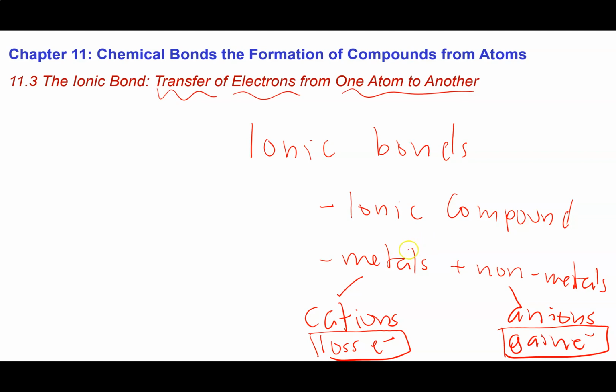And in particular, if there was a transfer of electrons from metals to non-metals. So in ionic compounds, metals lose electrons to non-metals. This results in the metals forming cations and the non-metals forming anions. And what do cations and anions do? They attract one another, and that's the formation of an ionic bond.